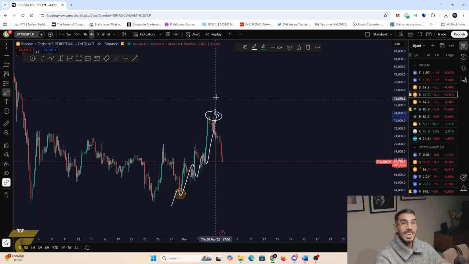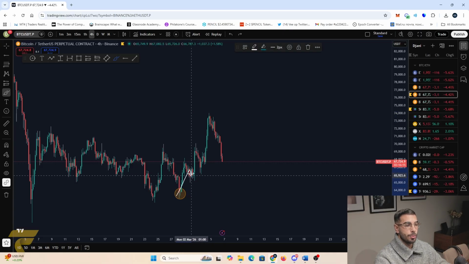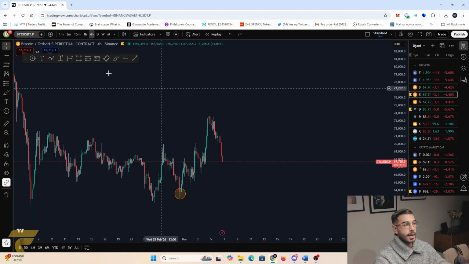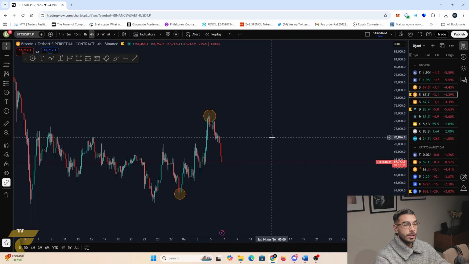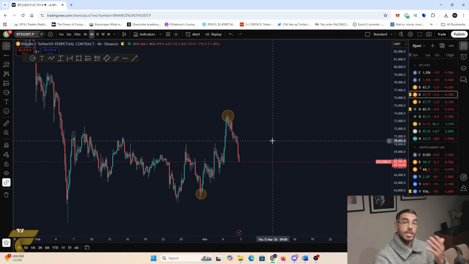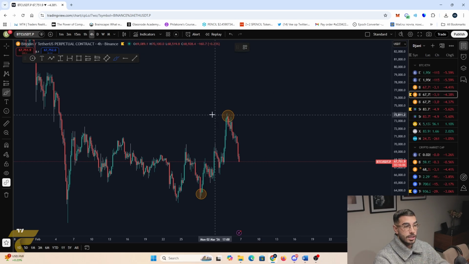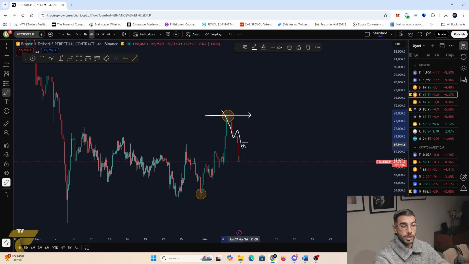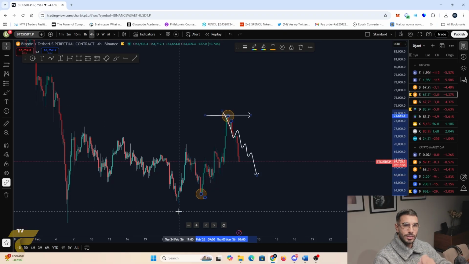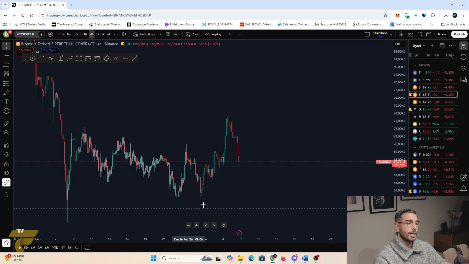It moved insane, it made a very beautiful move from lower to higher. But then again, this second circle, this would have been a perfect moment to sell, okay? Because eventually, as you can see, after hitting, for example, 74,000, Bitcoin eventually goes all the way to lower. And whenever you can anticipate on these dumps or so-called pumps, that's how you make money.